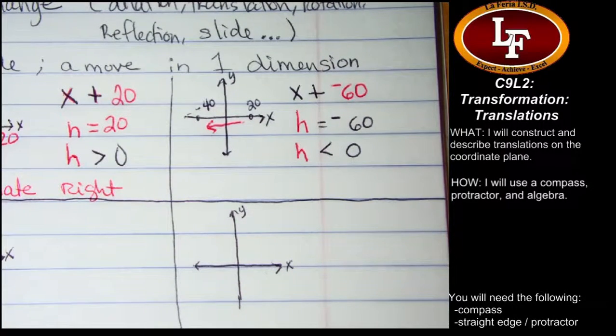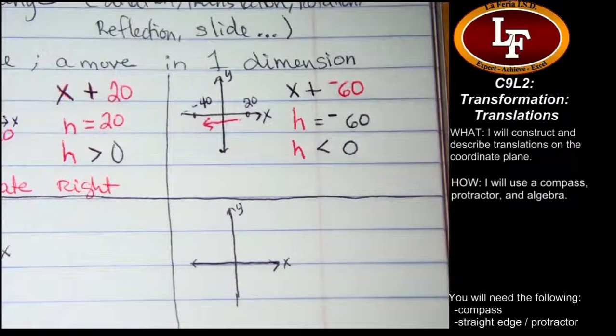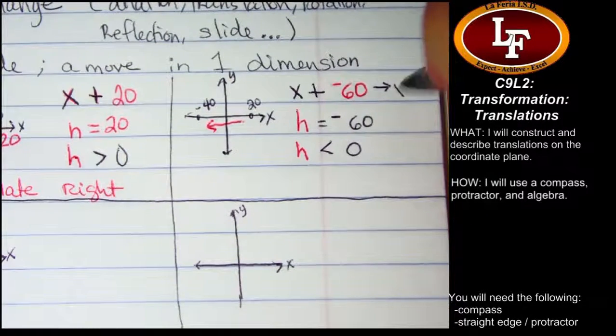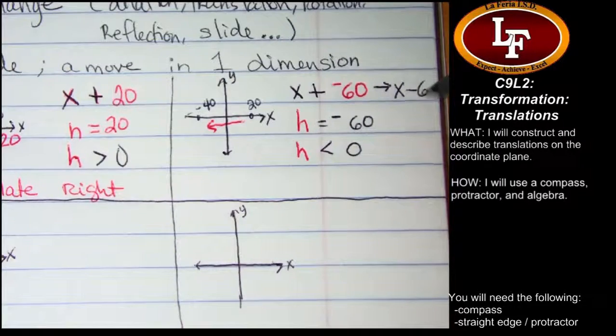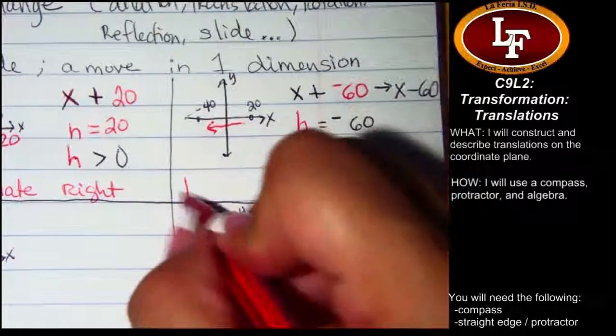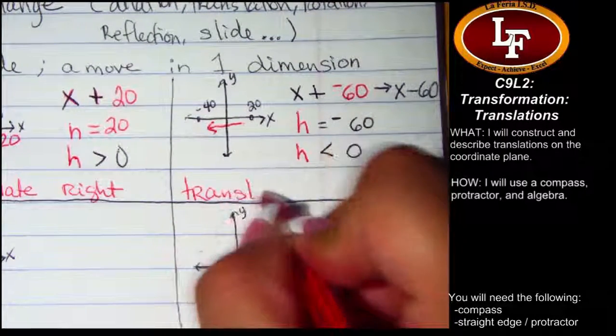It's not neat. It's not wrong. It's just not neat and tidy. And so we can rewrite it as x minus 60. Sounds good? And so we translated left. So write your translation left.